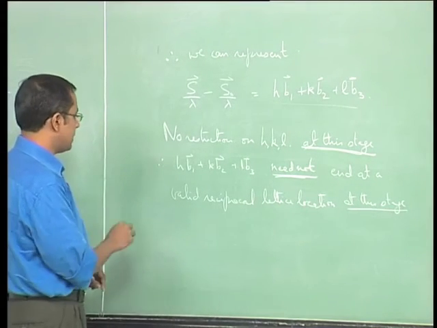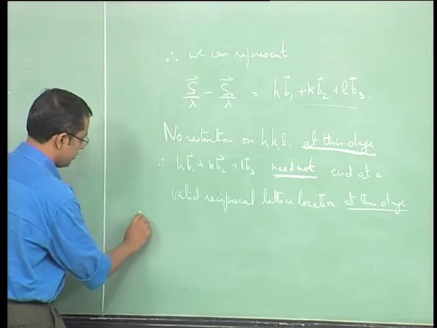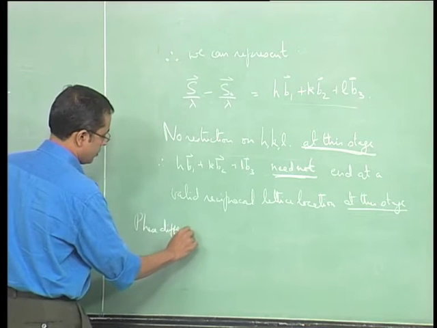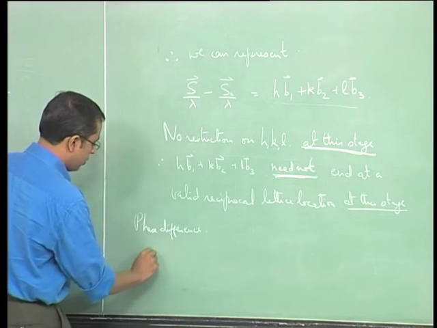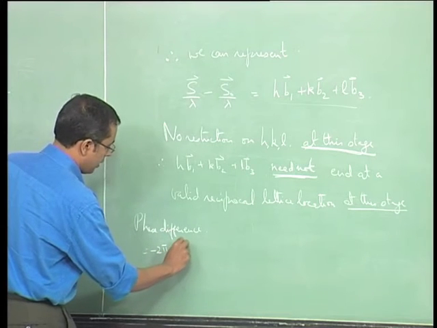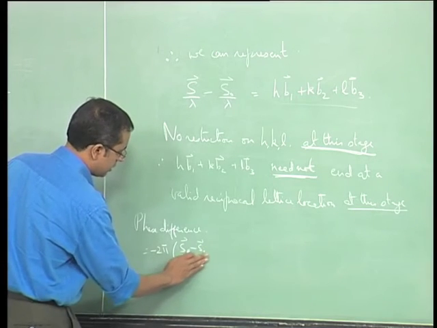Now we are saying that the phase difference is equal to minus 2 pi times S minus S naught by lambda.